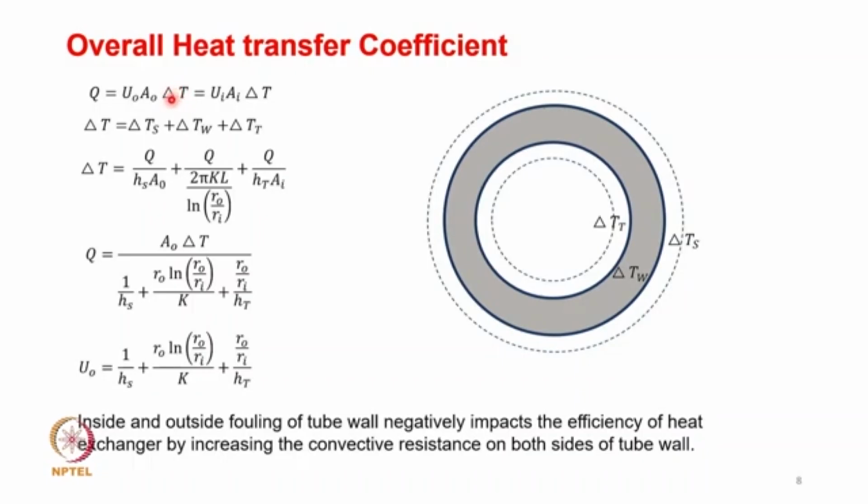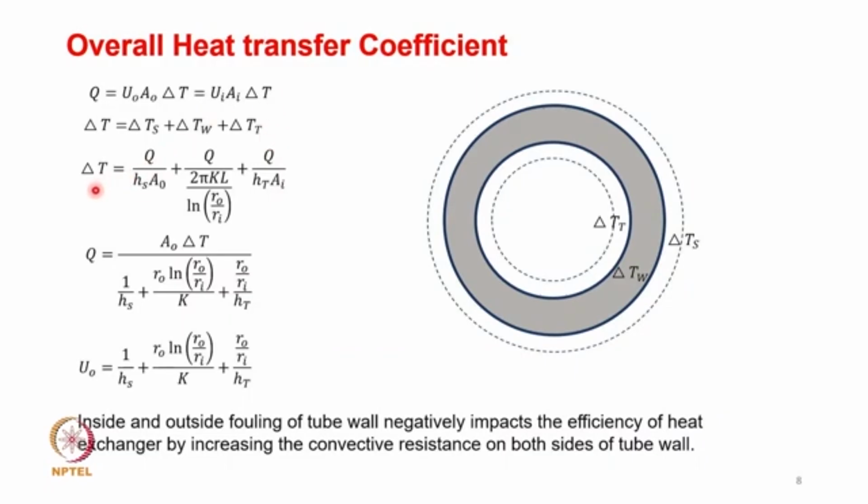And delta T here is a combination of three things: delta Ts, delta Tw and delta Tt, which we have defined previously, corresponding to the shell, the wall, and the tubes.